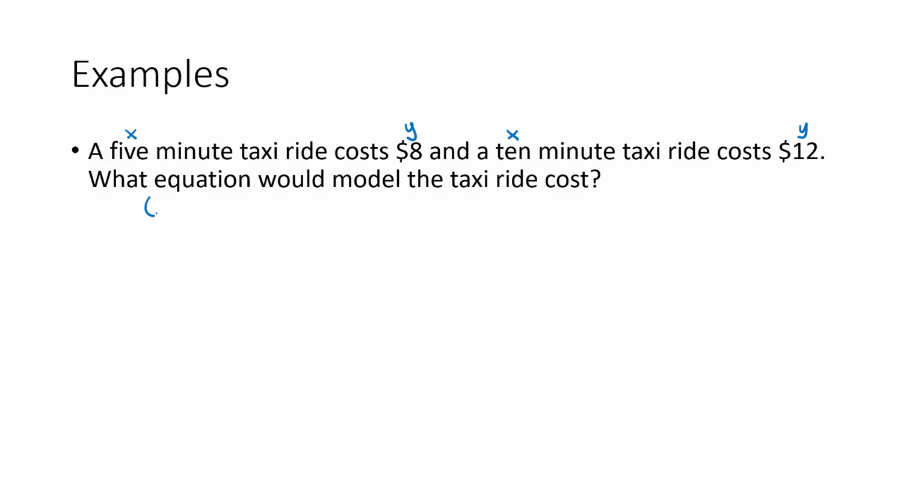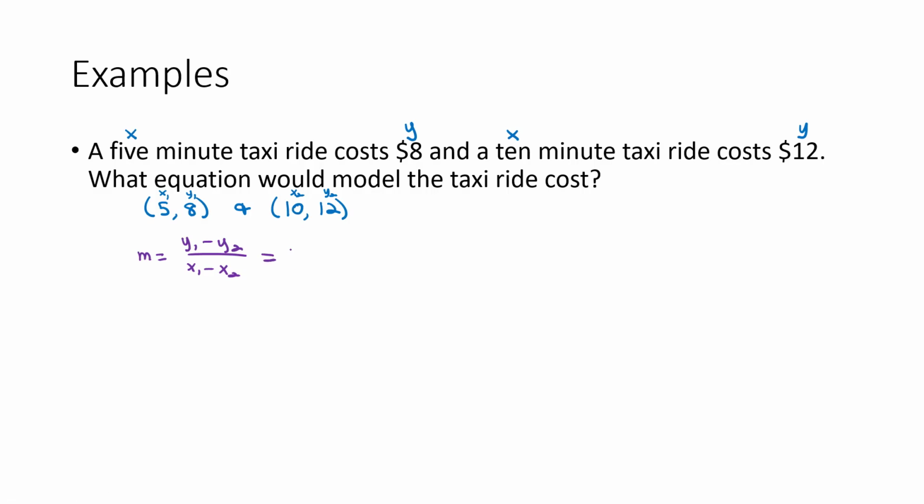We really have 2 points. 5 minutes is $8. And 10 minutes is $12. We have x1 and y1, x2 and y2. What we need to first find is the slope. Well, slope we know is y1 minus y2 over x1 minus x2.